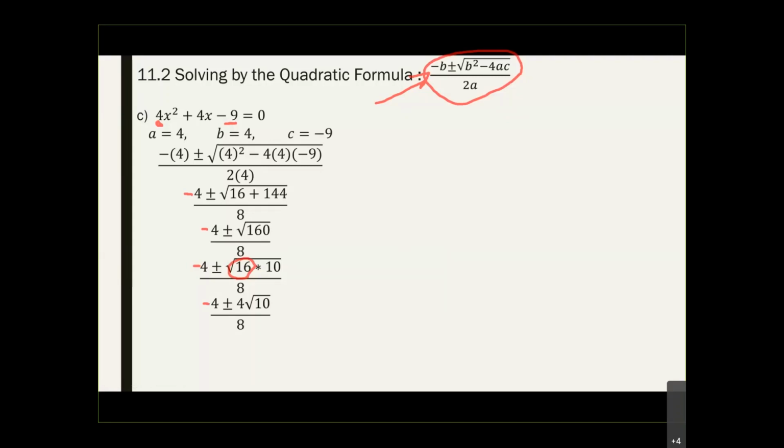The only thing we need to do now is reduce this. We need to reduce the 4 here, the 4 here, and the 8 here. Those are your whole numbers, and because they have a common divisor, we can reduce them, which is basically canceling them out.